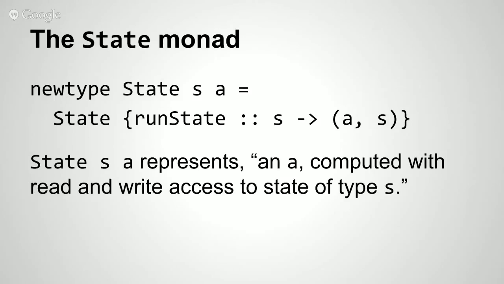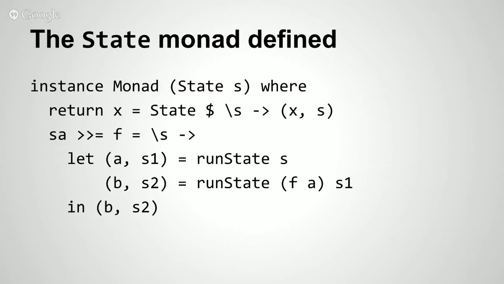Finally, the state monad. This is the explicitly threaded state. State S A is an action that returns an A and has read and write access to a state of type S. These are the probably familiar-by-now return and bind definitions.